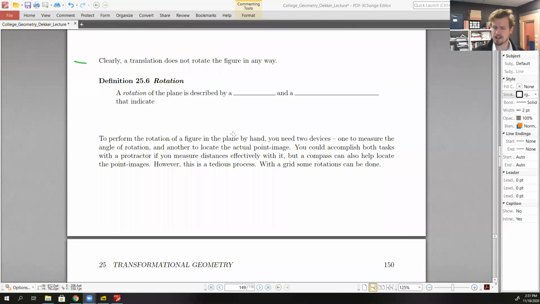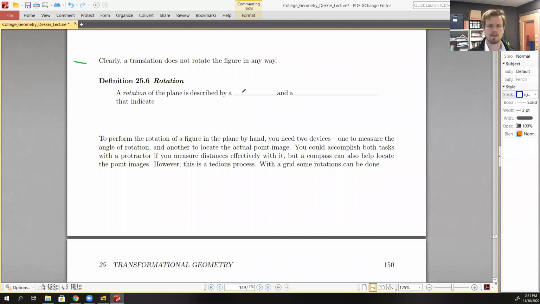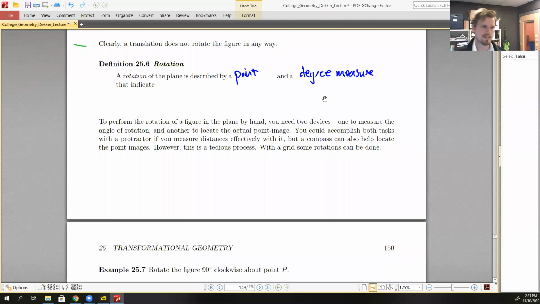So a rotation is exactly what you would expect it to be, but it's described by two things. It's described by a point and a degree measure. The point is the center.